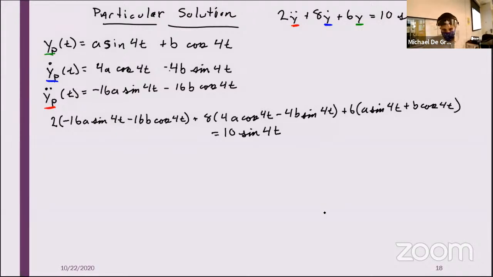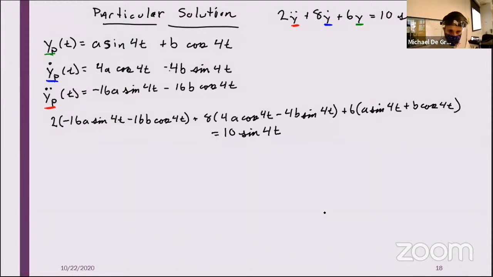Now, how do we do this? Well, it's not going to be obviously apparent why we do this in this way in the time domain. But when we start talking about the real and imaginary plane, it will be. But we can group all of our cosine terms together and all of our sine terms together, in the same way that we do i and j components when we're talking about vectors.